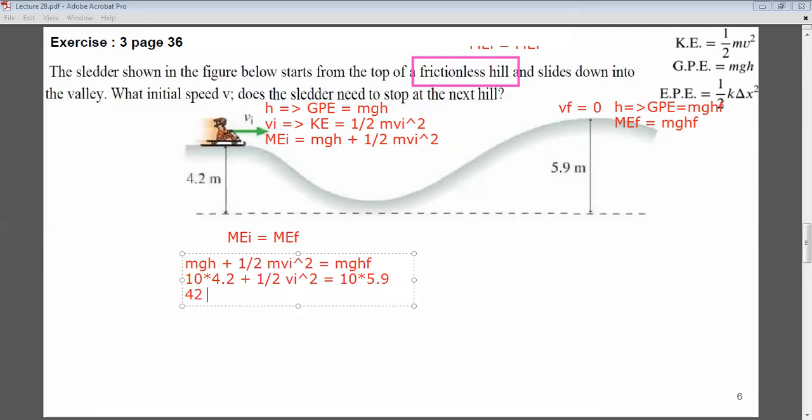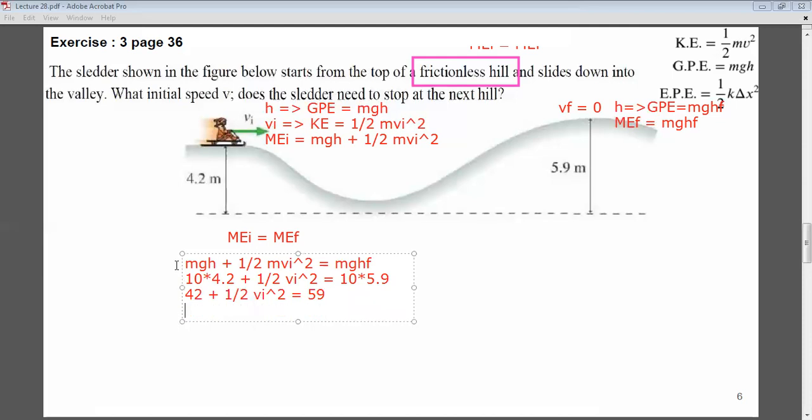So 42 plus half V initial square is equal to 59. Here we did a mistake. What is it? 10 times 4.2, okay. So 42 plus half V initial square is equal to 59.